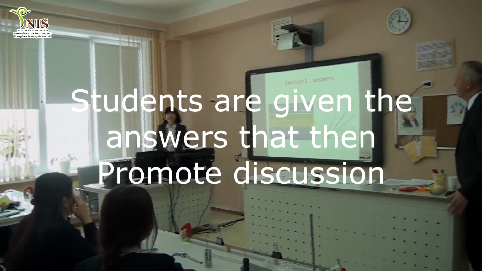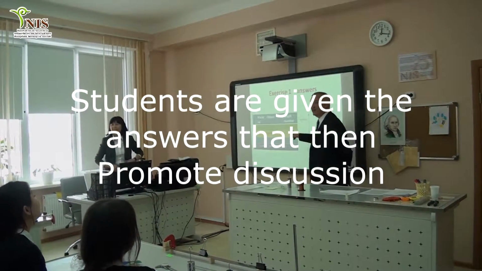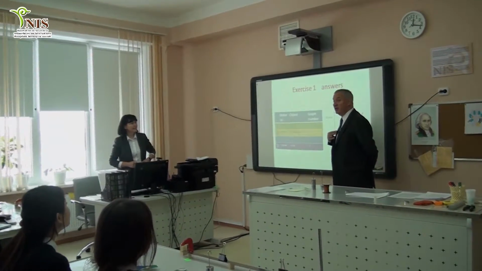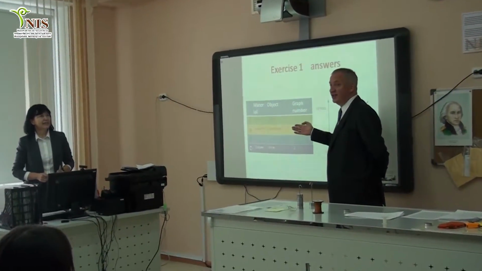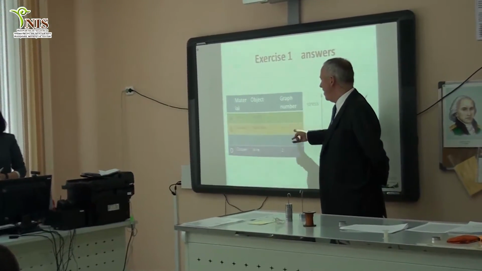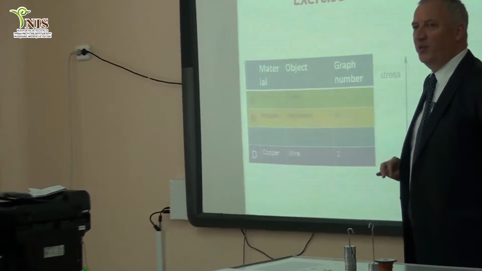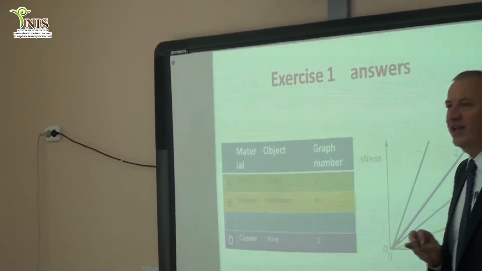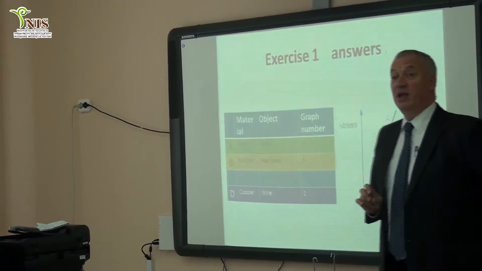So if you had blue, this is just our opinion. You know, we are excellent, but we're not always right. So, what if you had blue for rubber or yellow for skin? Why? What were you thinking? What were your ideas? Rubber is like elastic.